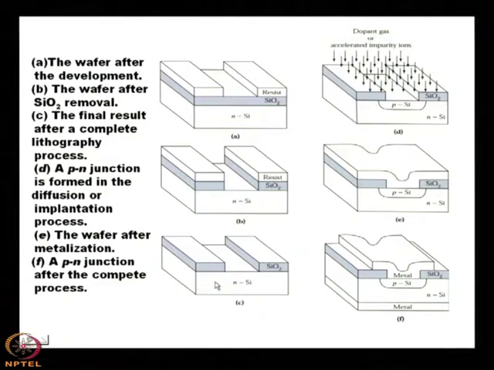Then you see that here the photoresists were removed. In this diagram, what is the difference between B and C? First, what is the difference between A and B? In B, SiO2 is removed.